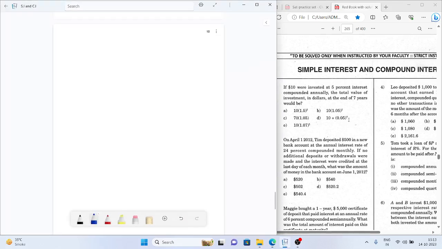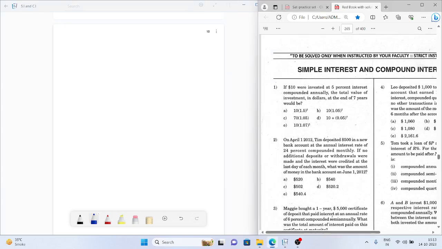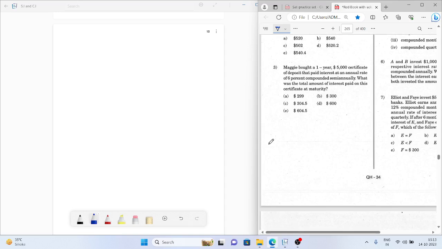Okay, now it is clear. My screen is visible to you. Okay. So the first type of question we already did in the example. So you try it at home. This is your homework. And the second type also we did in the example. So I simply come to question number three.